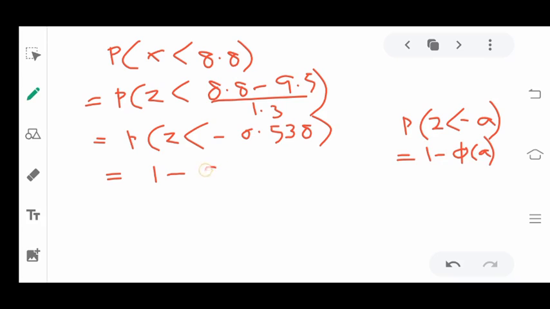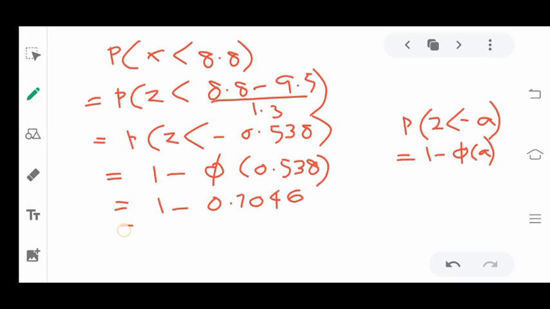So it is 1 minus phi of 0.538. The phi of 0.538 is 0.7046, so this is equal to 0.2954.